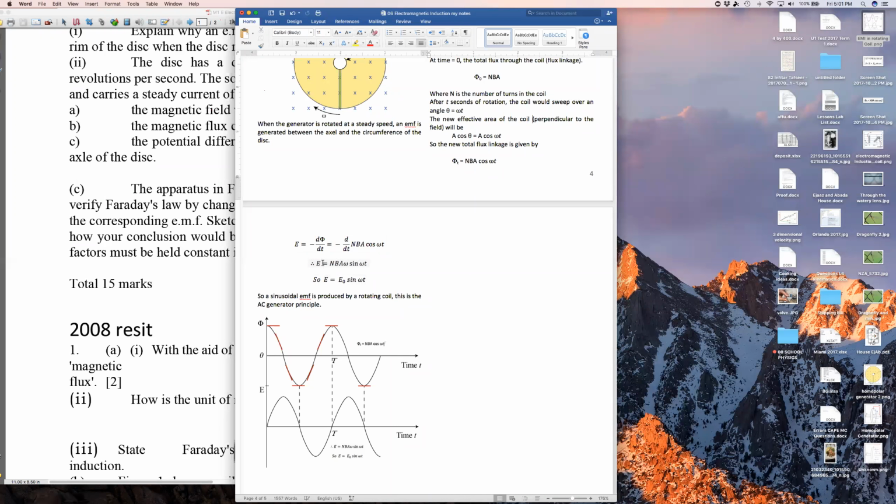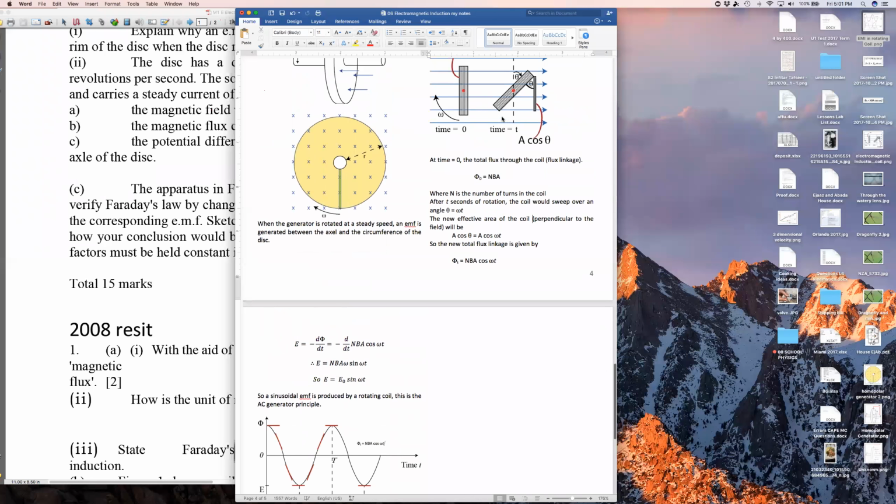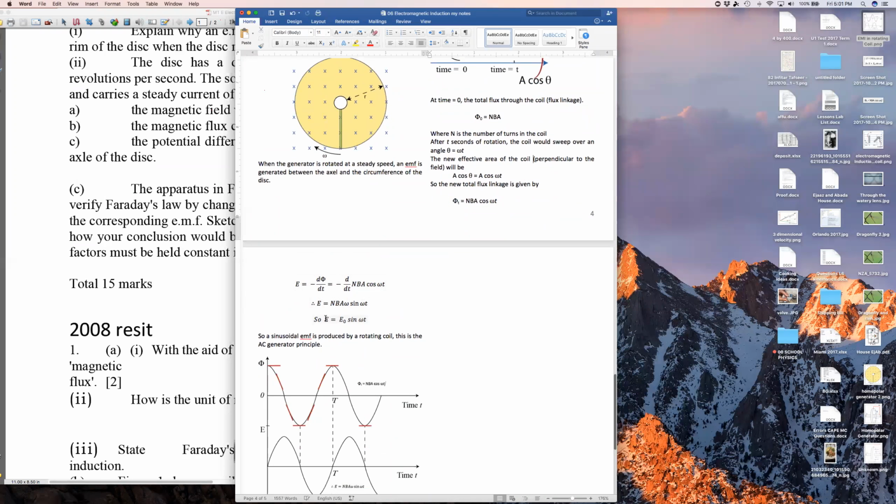So the EMF generated when you have a coil rotating is given by this mathematical expression: E is equal to E0 sine omega t.